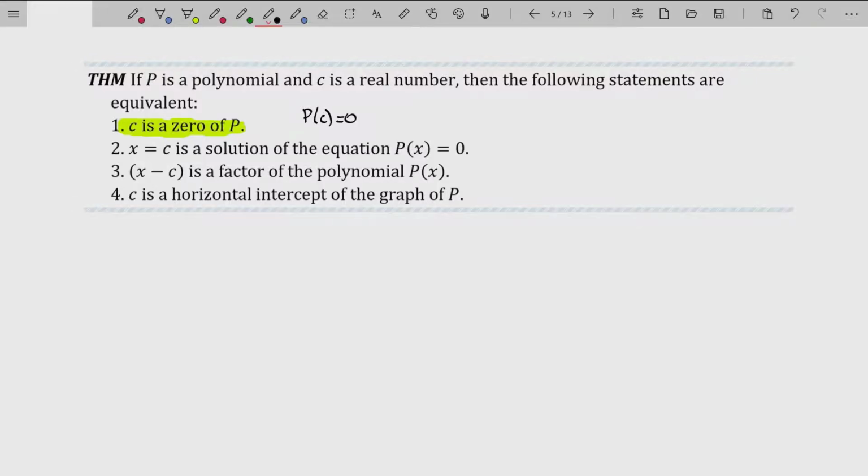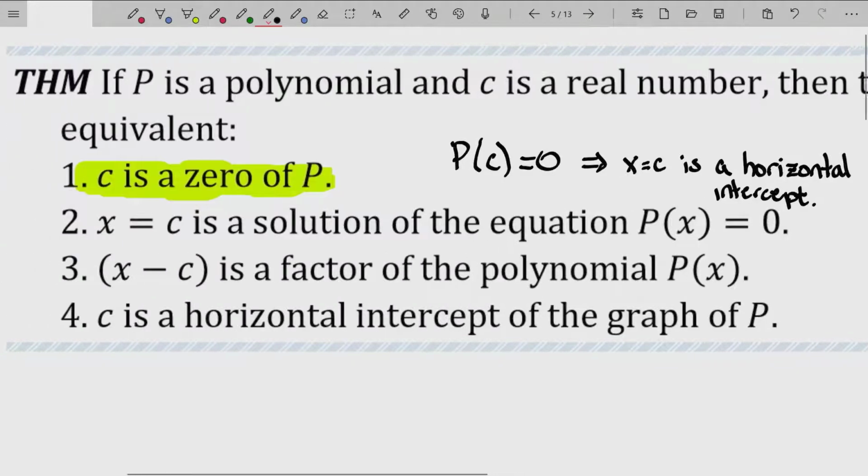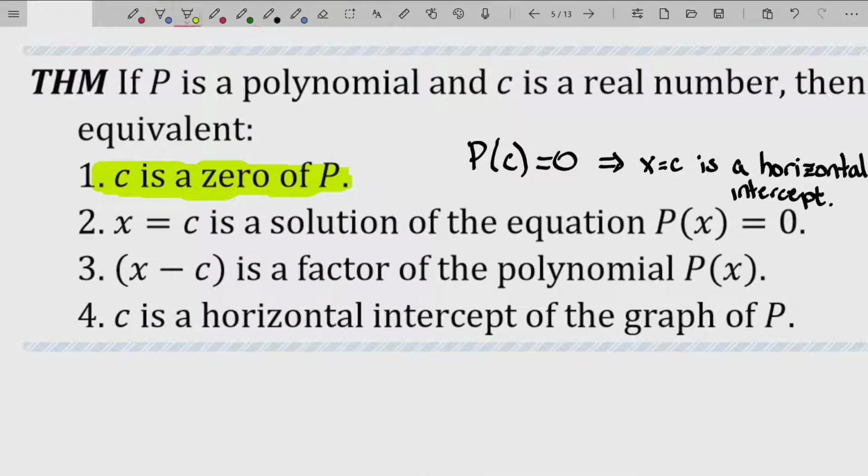That's just by definition. Also, we've just shown that that will imply that x equals c is an intercept, specifically a horizontal intercept. So this is actually two of the results we have here.